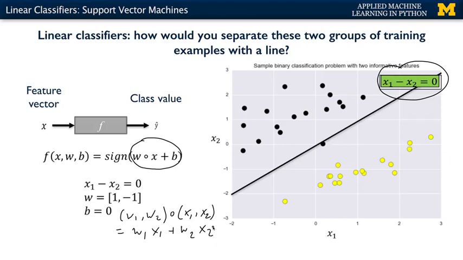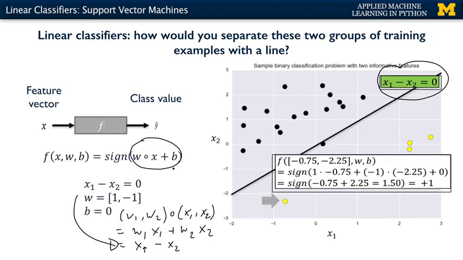And so in this case, if w is 1 and negative 1, that's equivalent to x1 minus x2. So all I've done here is convert the description of this line into a form that can be used as a decision rule for a classifier.